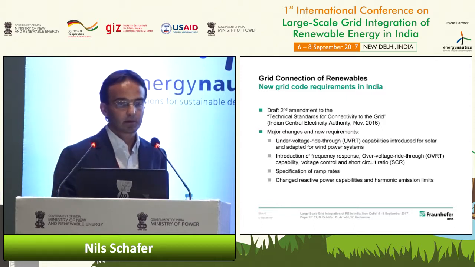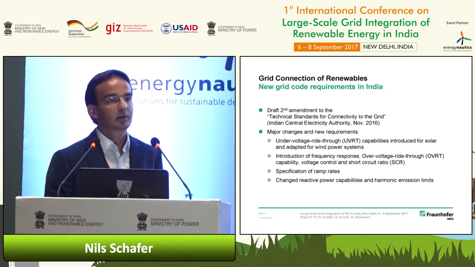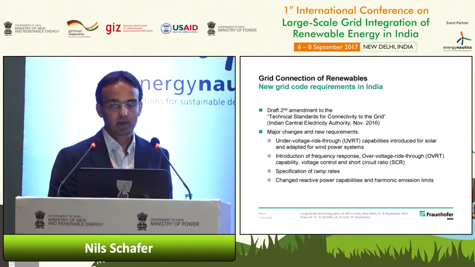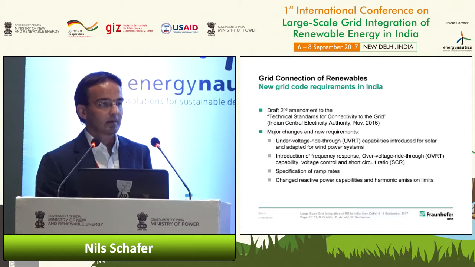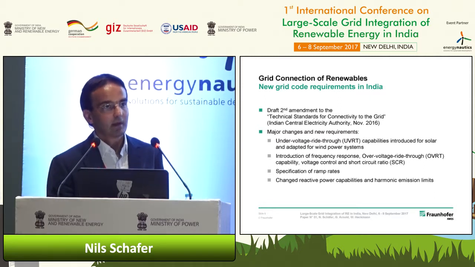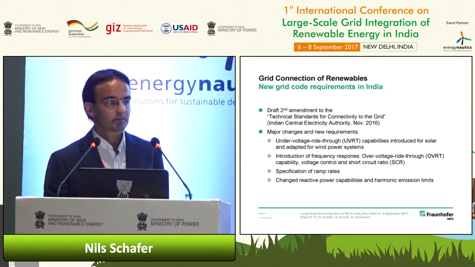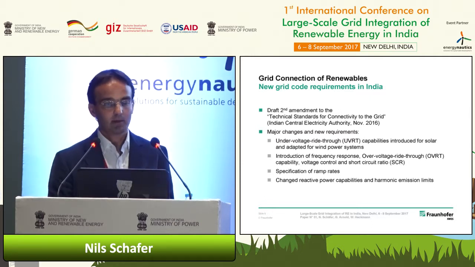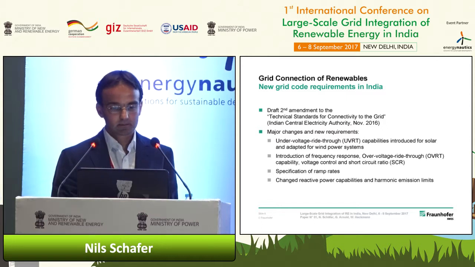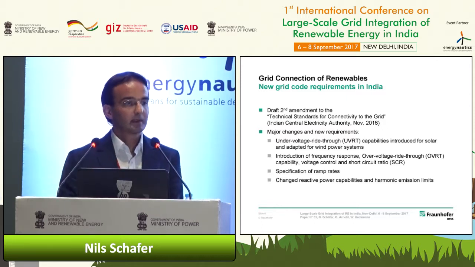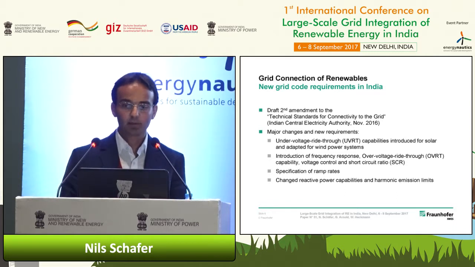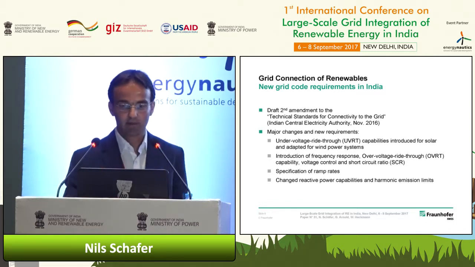You also introduce frequency response, voltage control and short circuit ratio SCR. Also specified is the ramp rate when returning back to active power. And you have also changed the capabilities for reactive power and for the harmonic emission levels.